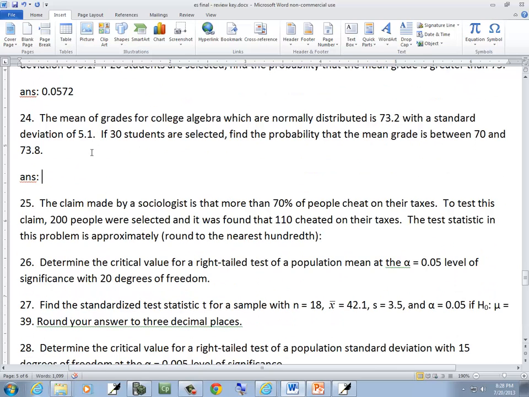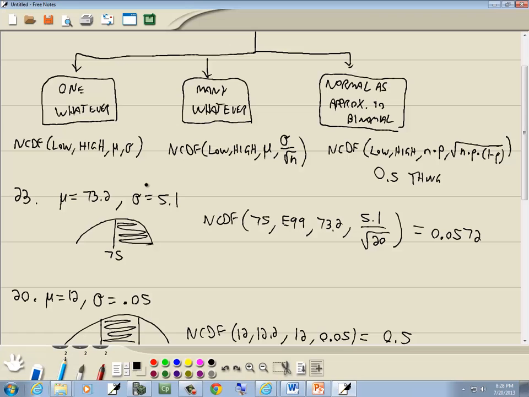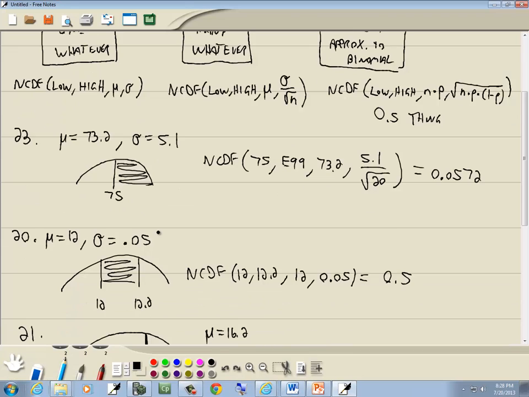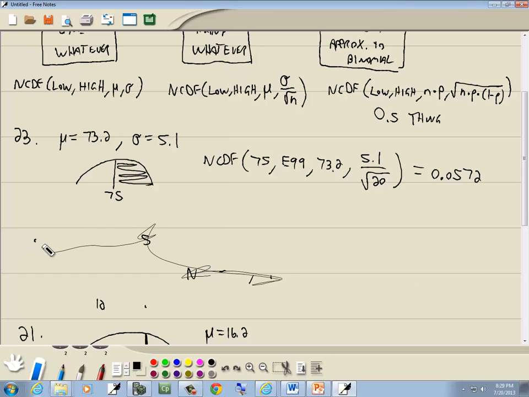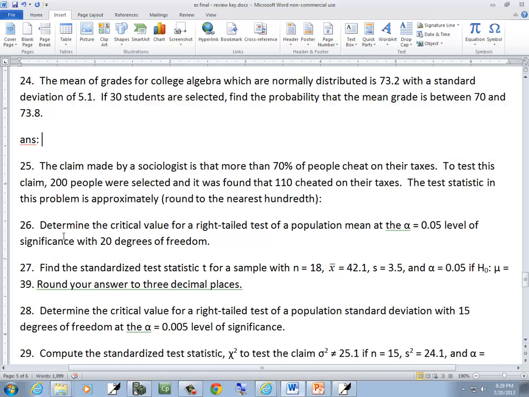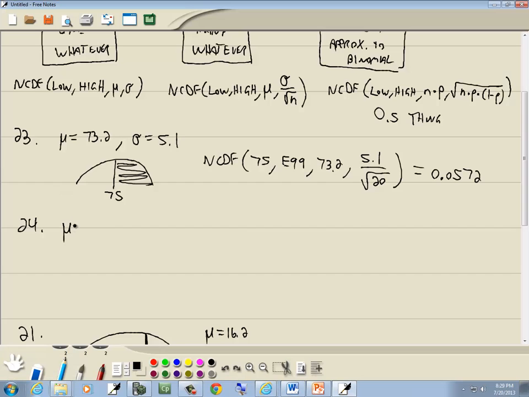Okay, let's look at number 24. Let me erase this one. Let's see, mean is 73.2, so mu is 73.2 again.